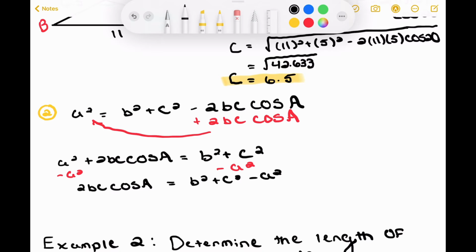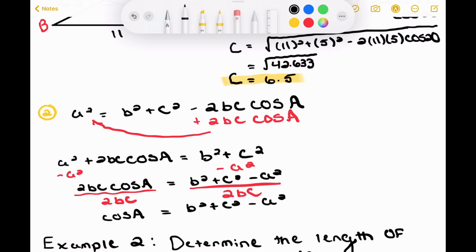And now I'm going to divide by that 2bc to get it off the cos. So now we get cos a is equal to b squared plus c squared minus a squared all over 2bc. And then now remember, if we want to get rid of the cos off that angle A, what we have to do is the inverse or arc cos.